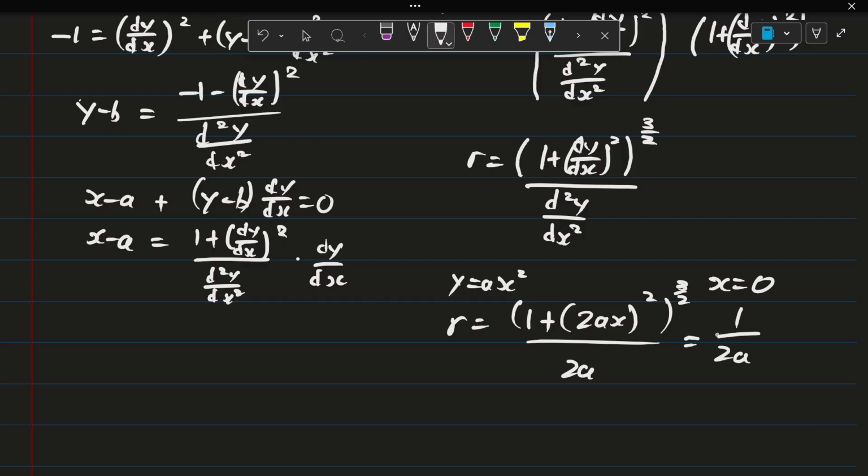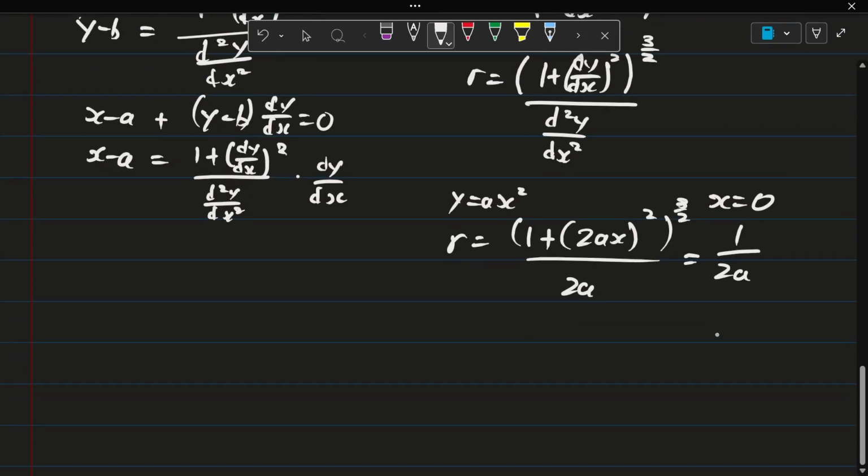And this is also something interesting. Let's figure out the ratio between your radius of curvature and your focus. The radius is 1 over 2a, the focus is 1 over 4a, so the ratio is 2. That means the radius of curvature is 2 times the focal length.